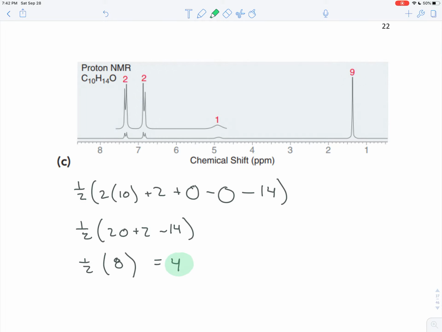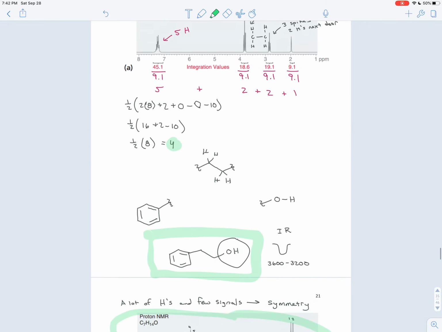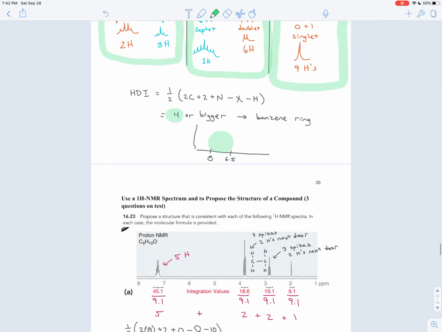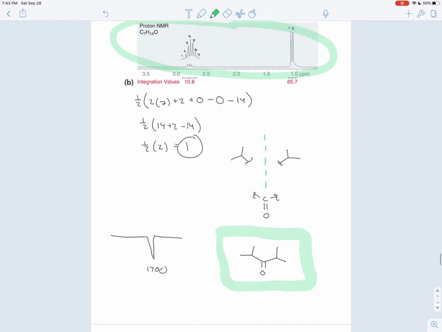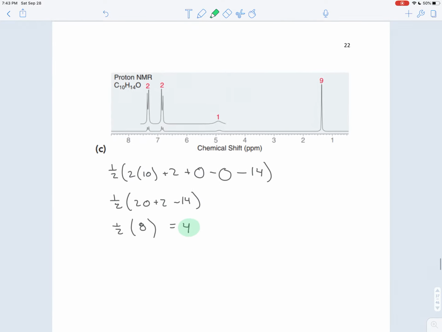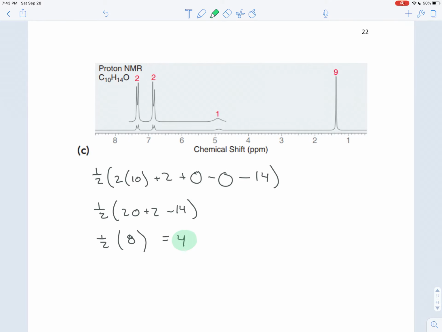Now remember, this was one of those patterns you'd want to recognize. If you ever have a hydrogen deficiency index of 4 or bigger, it means you probably have a benzene ring. And you always want to check by looking between 8 and 6.5 on the spectrum. The only thing that creates a signal there is a benzene ring. And notice, in between 6.5 and 8, we do have these 2 peaks there.